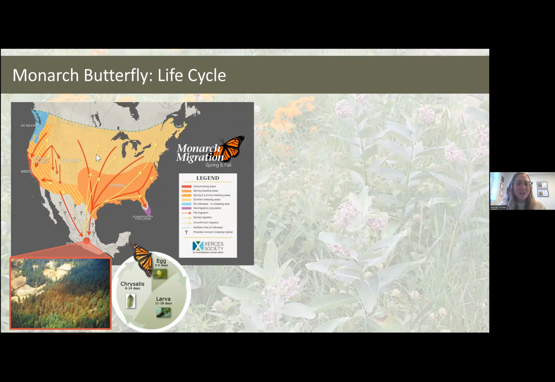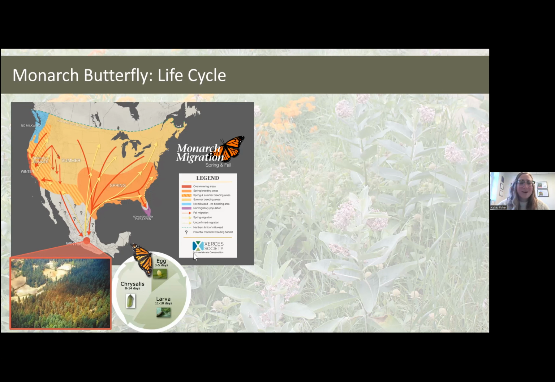And then they continue on their life cycle where they have eggs, and then the eggs hatch, and we have larvae which feed on milkweed specifically, and then the larvae form a chrysalis. The chrysalis becomes an adult. And the last generation of monarch butterflies comes out, and they're a little bit different. They migrate all the way south back down to Mexico, where they are currently residing.